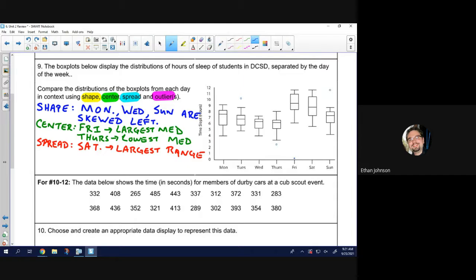And then outliers. On this graph, the outliers are these dots. Looking at it, we have one dot. We have a large outlier on Tuesday and one on Sunday. I might put that.